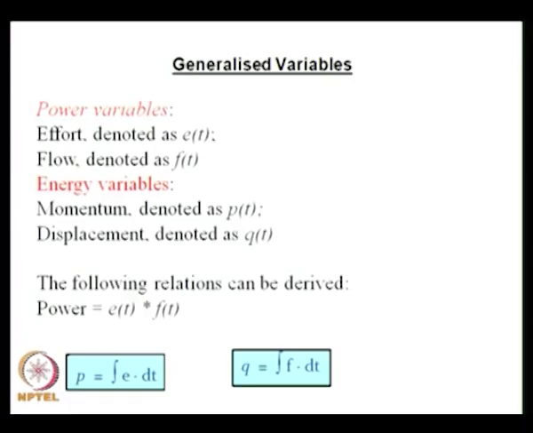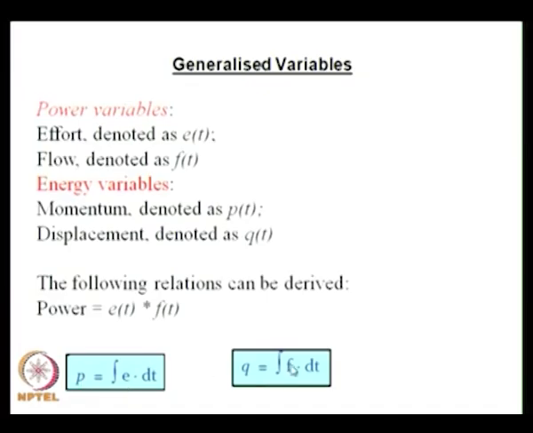The other two variables are momentum denoted by P(t) and displacement denoted by Q(t). You can see here the momentum is represented by P and displacement by Q, and they are not independent. P is an integral of effort, so P is obtained by the integral of E dt and Q is the integral of F dt, that is the integration of F will give you the displacement, integration of effort will give you the momentum.